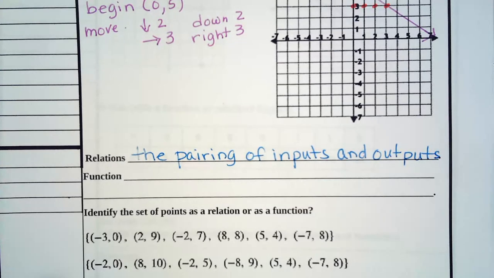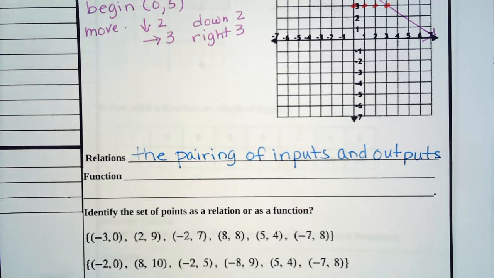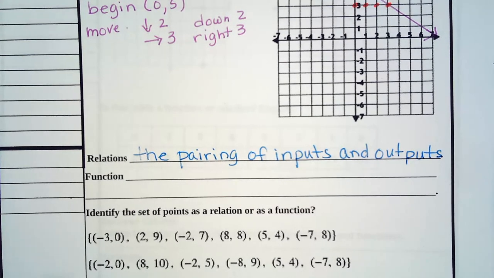So all I have to do is have any x and y's, have a set of them, and I look at them. Anytime they're paired up, that is a relation.